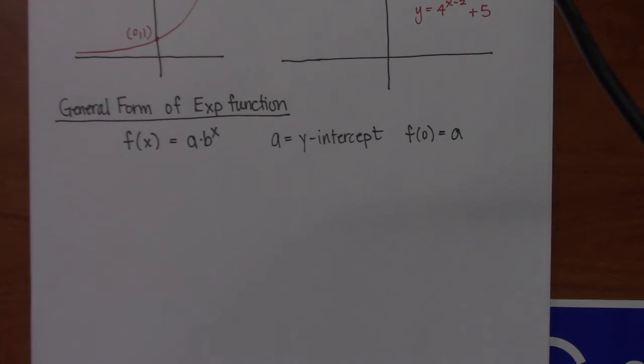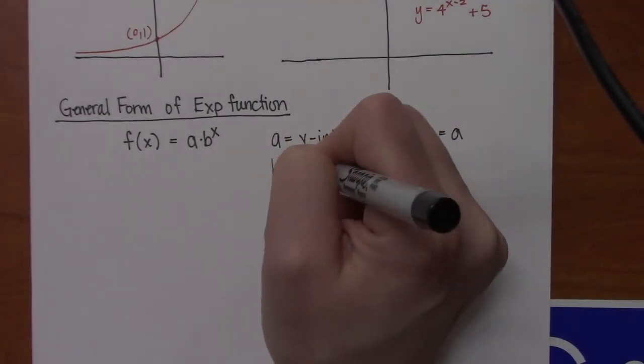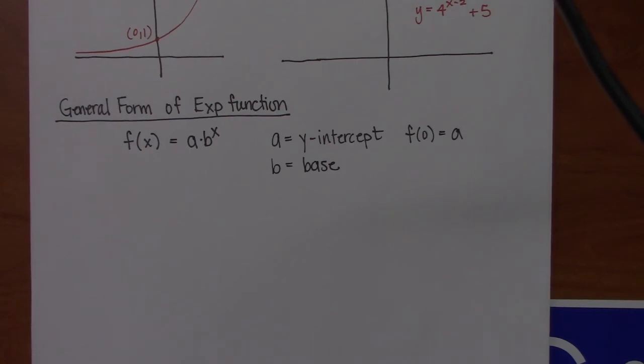So what this allows us to do is shift the intercept up or down along the y-axis. It normally would be at 0, 1 if it was just b to the x, and the a pushes it up or down depending on its value. B is still the base, and x is obviously the variable.